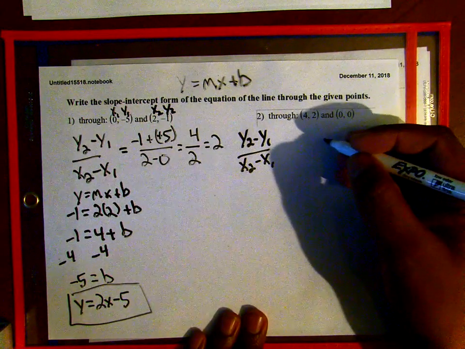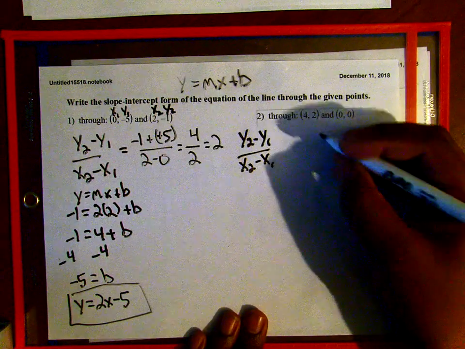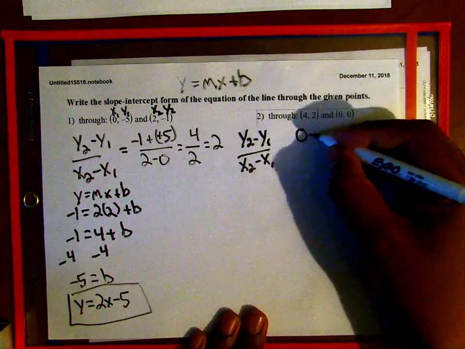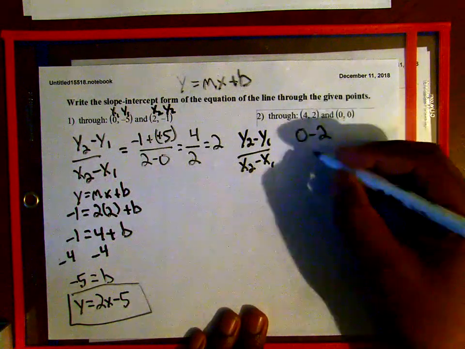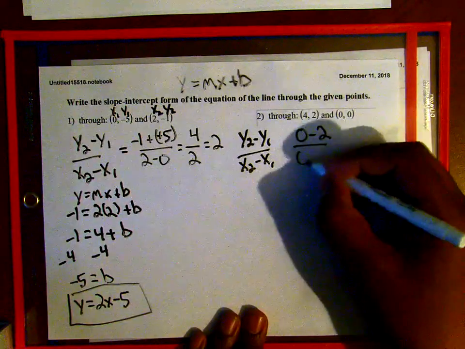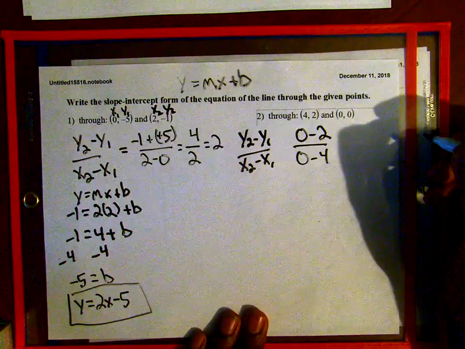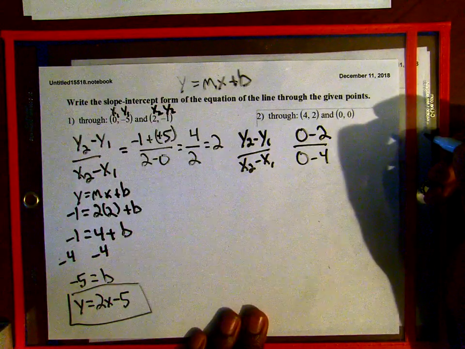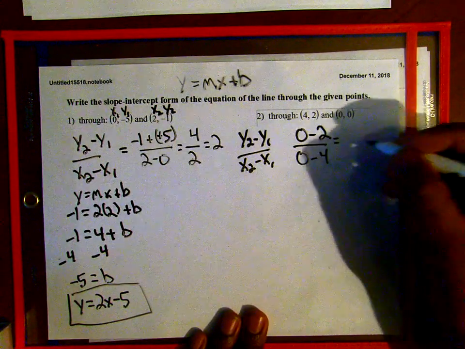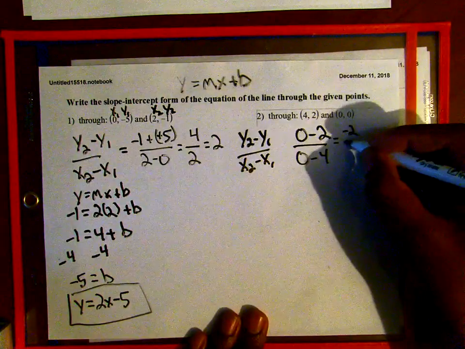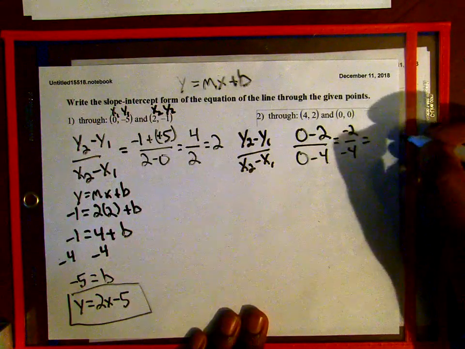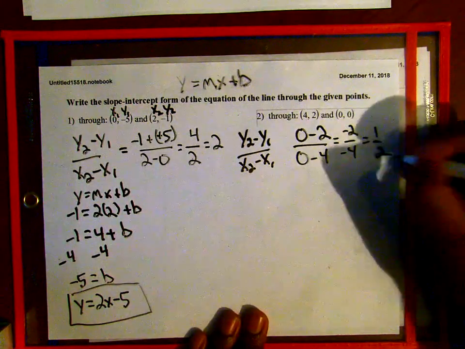We'll plug in the y2, which is 0, minus 2, and then we plug in 0 minus 4. When we solve that, we'll get -2 over -4, which is equal to +1/2.